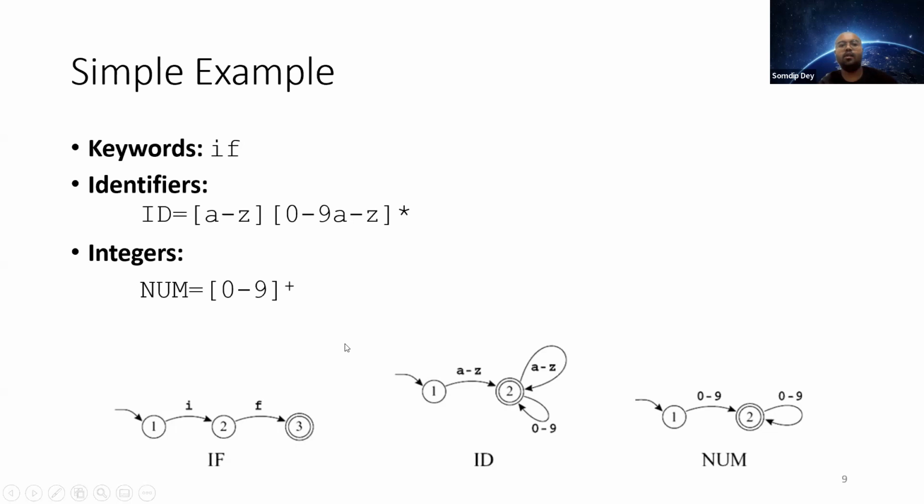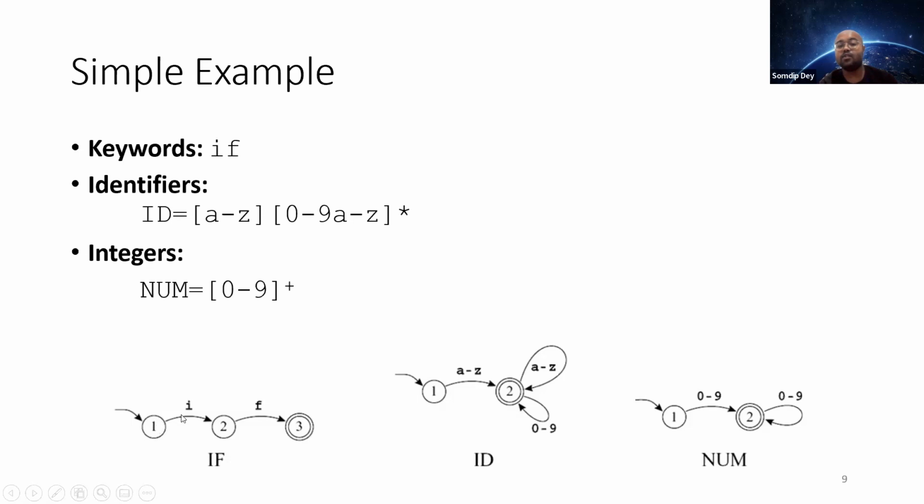So let's look at a bit more complicated example, but again a simple one to understand how finite automata work. Imagine that your program or machine can accept the keyword if. This is an example of a machine that can accept the string if. As you can see, the machine starts in state 1.